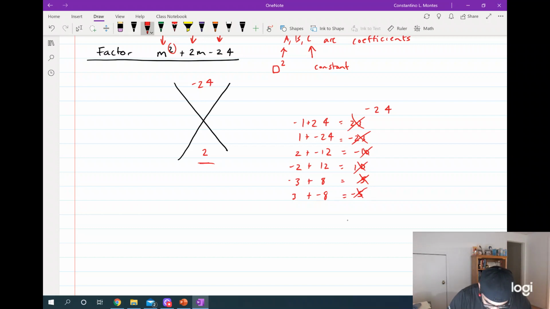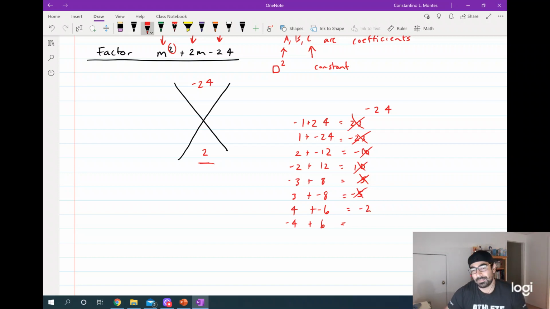So next one, how about 4 plus negative 6 and negative 4 plus positive 6. 4 times negative 6 is negative 24, or negative 4 times 6 is negative 24. So both those work when it comes to multiplication, but we need to add them together. 4 plus negative 6 is negative 2.